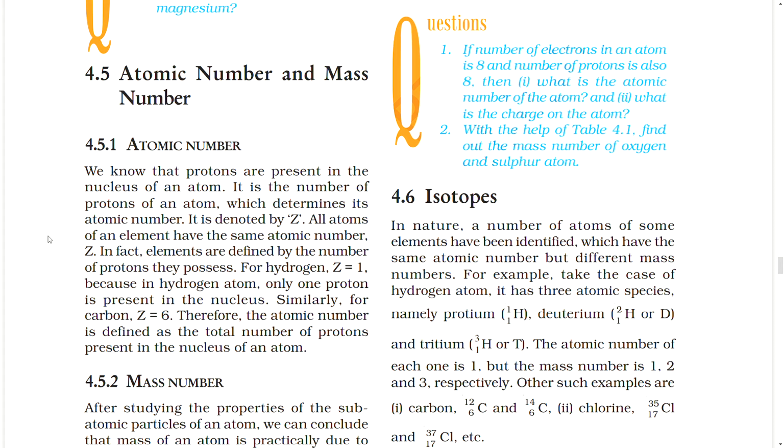It is denoted by Z. All atoms of an element have the same atomic number, Z. In fact, elements are defined by the number of protons they possess. For hydrogen, Z equals 1 because in a hydrogen atom, only one proton is present in the nucleus. Similarly, for carbon, Z equals 6. Therefore, the atomic number is defined as the total number of protons present in the nucleus of an atom.